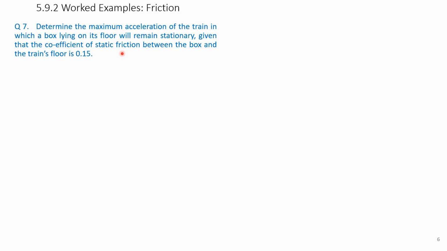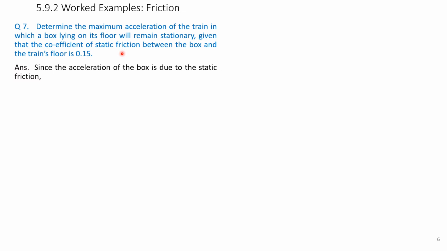Here, a box is kept on the surface of the train which is moving. So, we have to find the maximum acceleration, as the box is stationary. Answer.